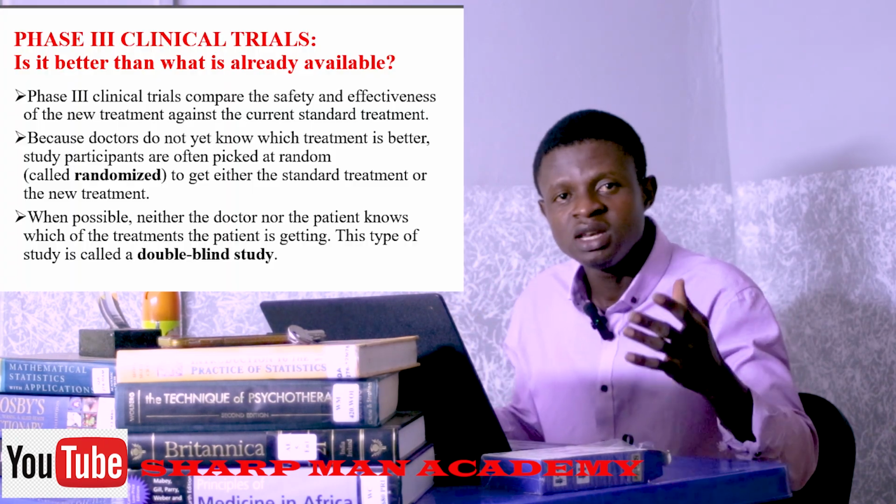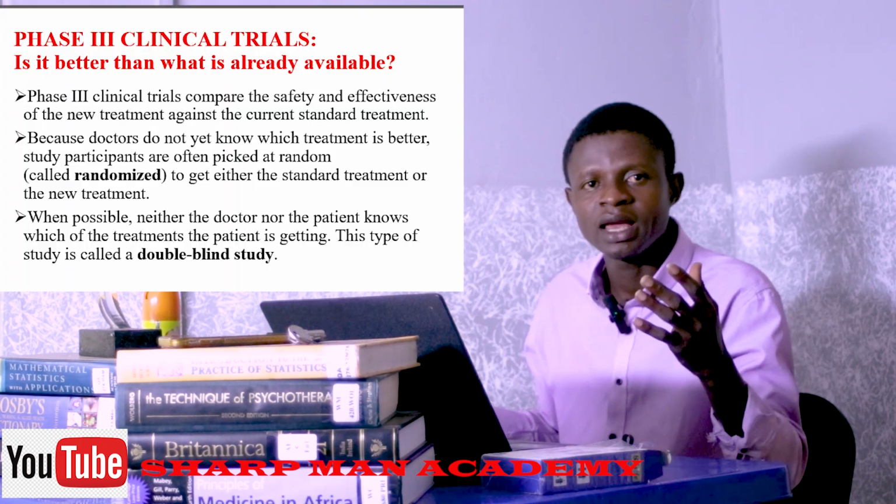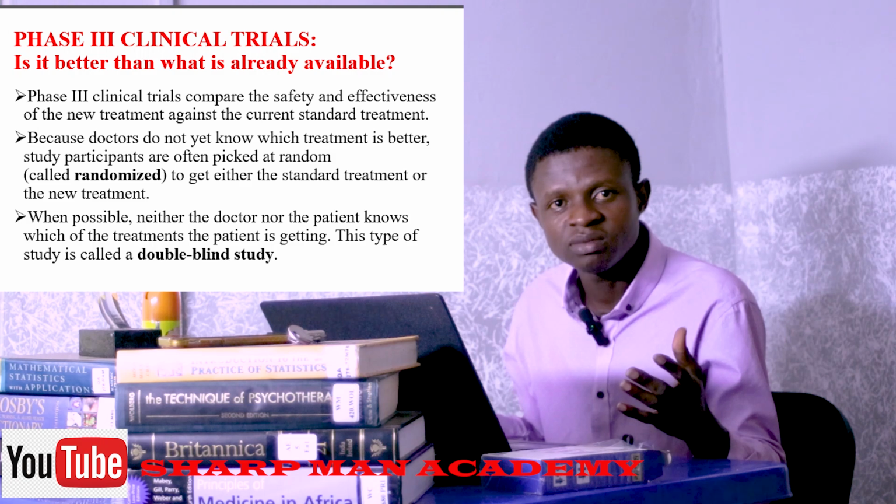We are continuing with phase 3 of the clinical trials. In phase 3, we compare the new intervention with the standard treatment to see the effectiveness of the new intervention.